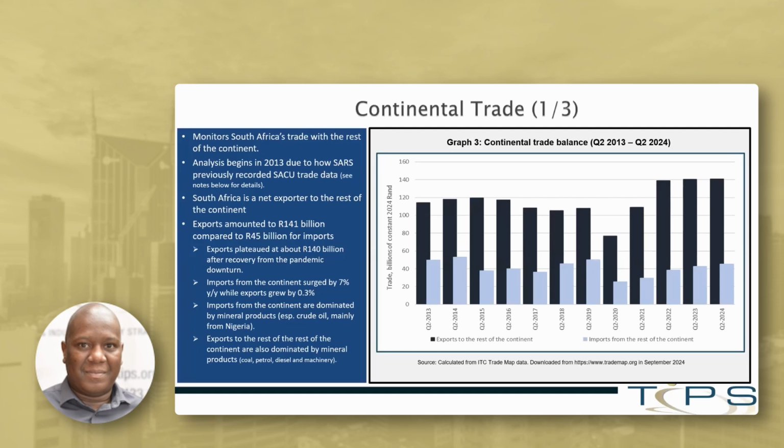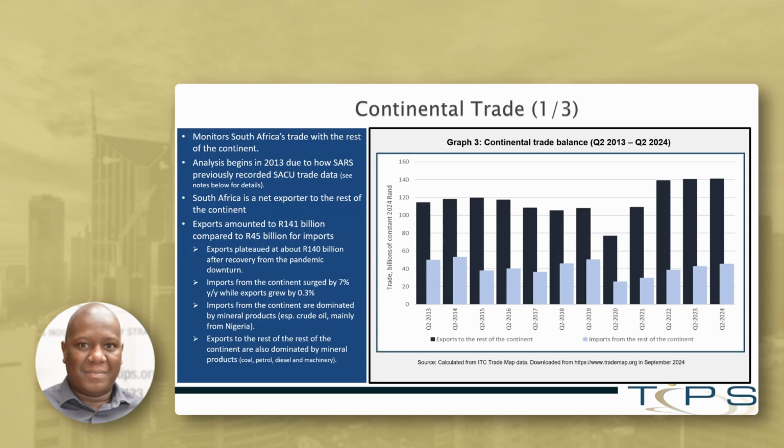Okay, so looking at continental trade, it monitors South Africa's trade balance with the rest of the continent. The analysis begins in 2018 because of how SARS recorded cycle trade data. South Africa is a net exporter to the rest of the continent. Exports amounted to 141 billion compared to 45 billion for imports. Exports plateaued at about 140 billion after recovery from the pandemic downturn.